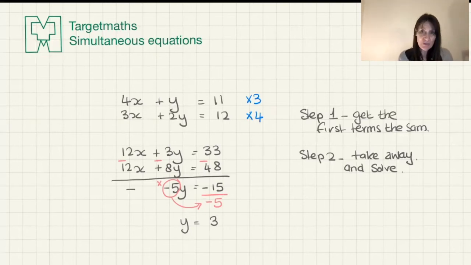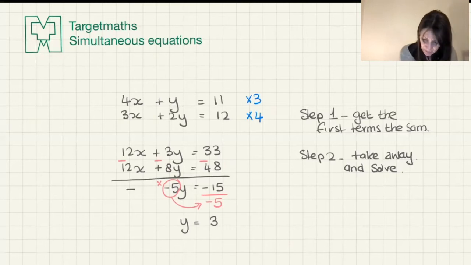Now, I am going to show you something that may be useful. If you are someone that really doesn't get on very well with negatives, and you're really just trying to challenge and stretch yourself with this kind of work, one of the things that you can do is rearrange the position of the two equations. So what I could have done was I could have said, right, I'm looking at this and I can see that that's going to go into a minus number, and I want to avoid that if I can.